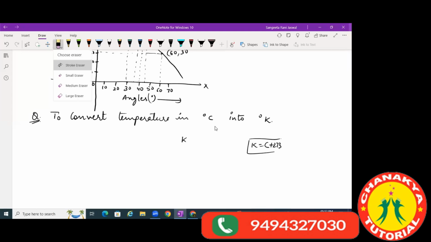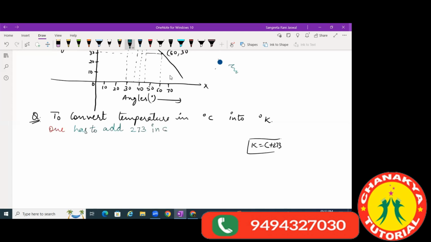One second, I will just erase this. Okay, to convert the temperature in degrees Celsius into Kelvin, one has to add 273 to the Celsius value.